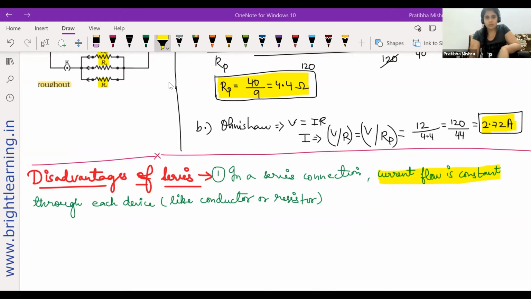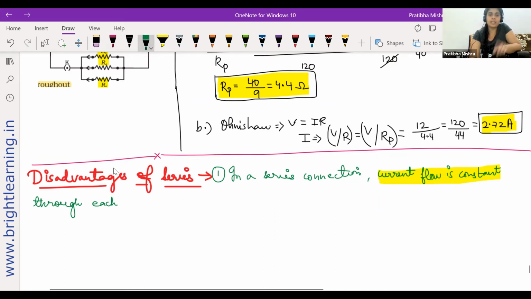Let us write this down, the disadvantages first. I will remove this word device and write it properly. Through each electrical appliance, that will be a better word. Instead of conductor and resistor, you can just say electric heater. An electric heater requires a lot of energy.